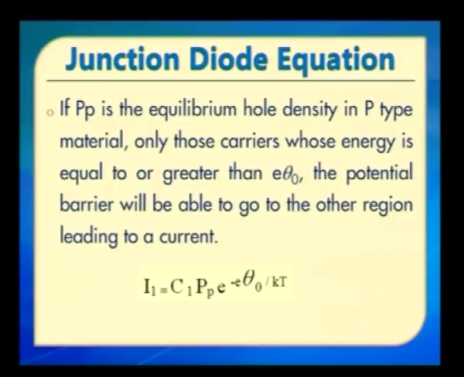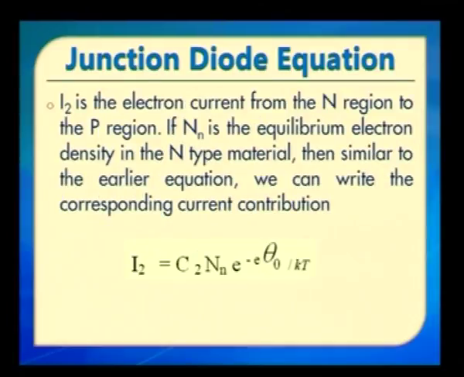Among the Pp holes, how many will be going from the P side to the N side is given by I1, which will be proportional to the number density Pp multiplied by e to the power of minus E theta naught by kT. Because I am saying proportional, C1 will be the constant of proportionality, right.